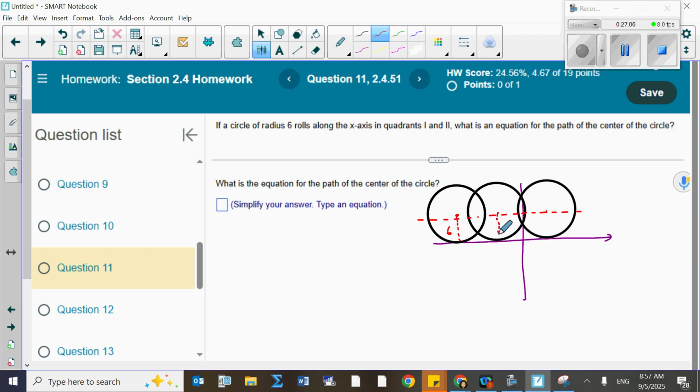And the distance of the line from the x-axis is always 6, because that's the radius of the circle. So the equation of the path of the center of the circle will be this line. As you see, it's a horizontal line, so the equation should look like y equal to something. What is that something? That's 6, the radius, because the distance from the x-axis is 6, and that's the y value. So that's the equation.